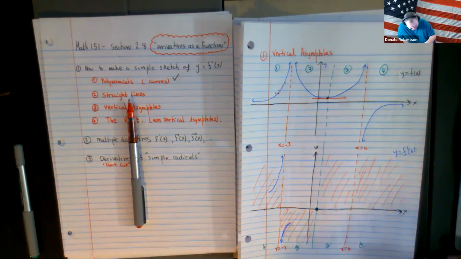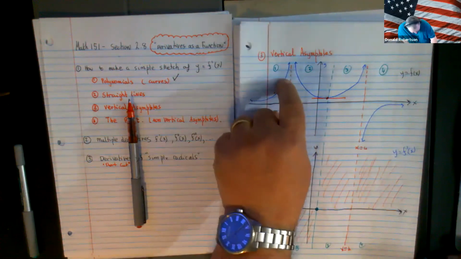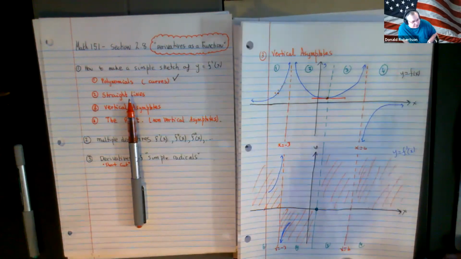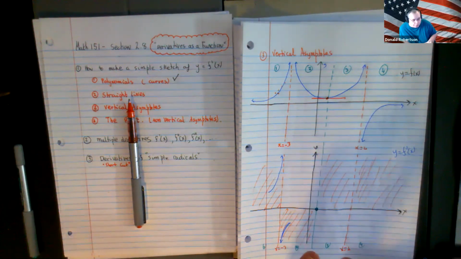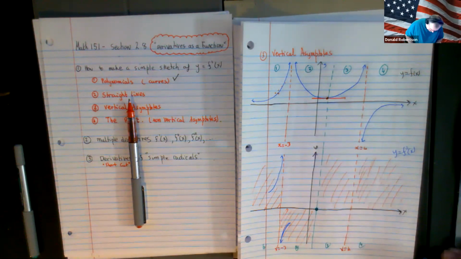So when you are doing sketches of functions with vertical asymptotes, the derivative is going to have vertical asymptotes, but they may not be the same shape. In fact, they won't be typically.